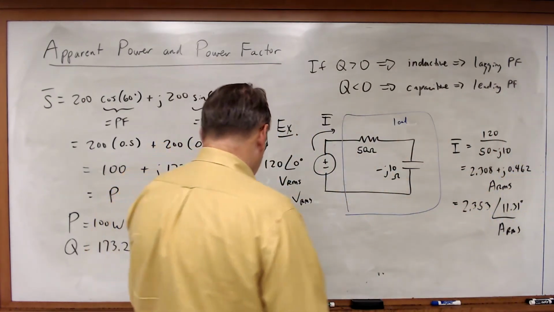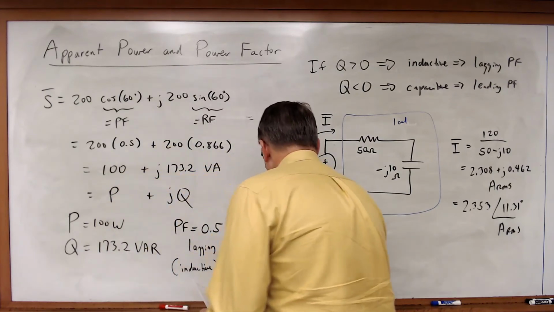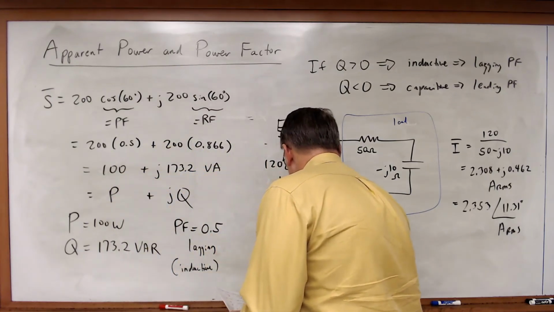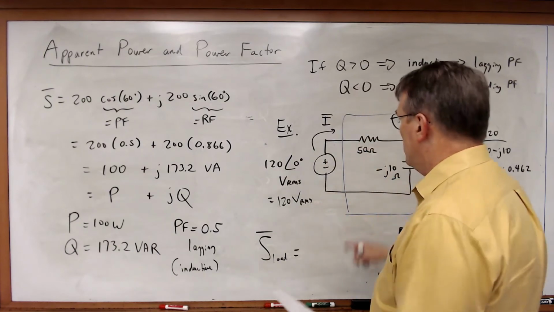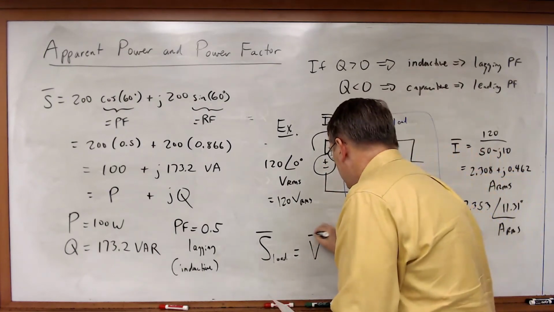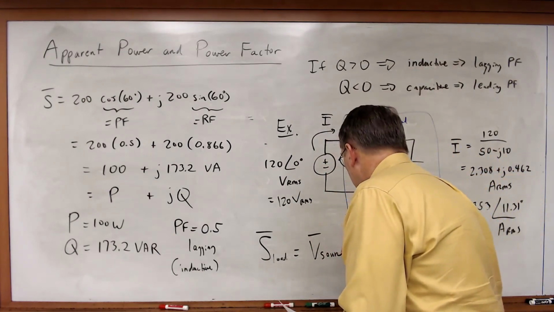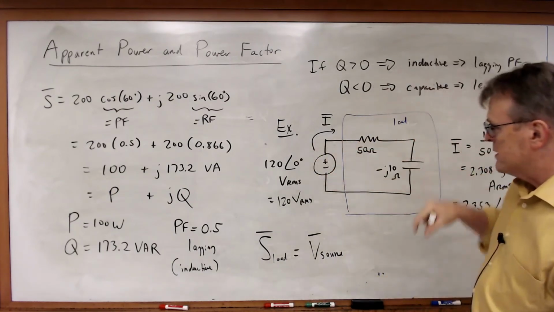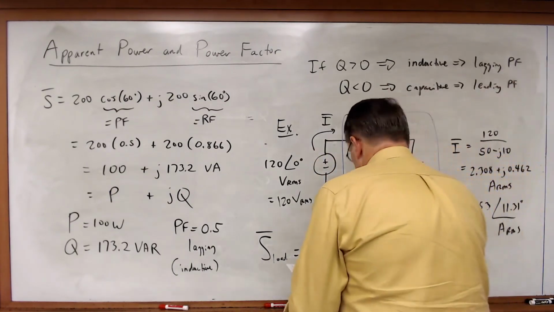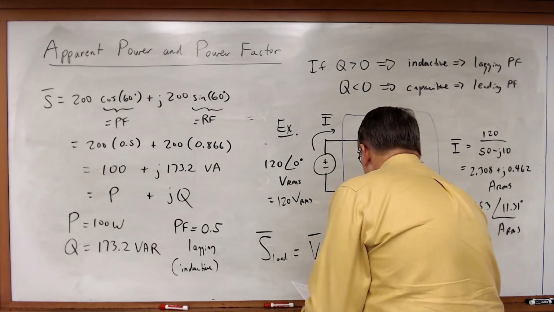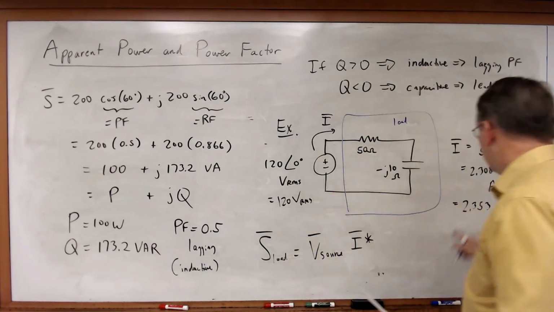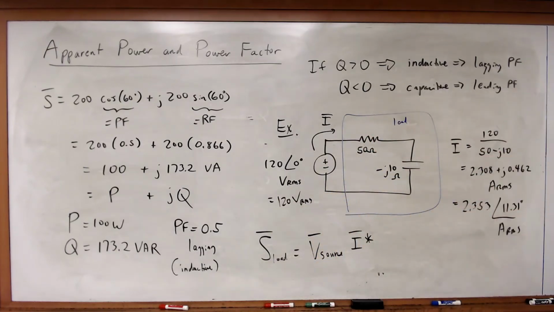And so now the complex power of the load is just going to be equal to the voltage of the source, because the source voltage is across this load, times I complex conjugate, the complex conjugate of this current.